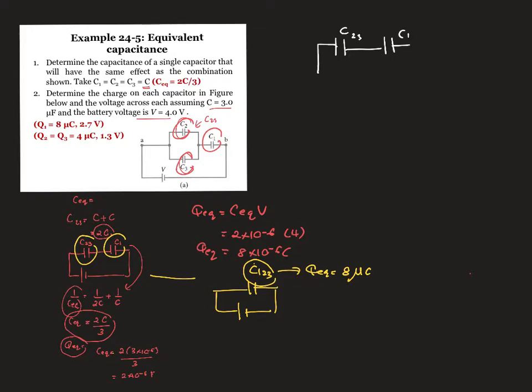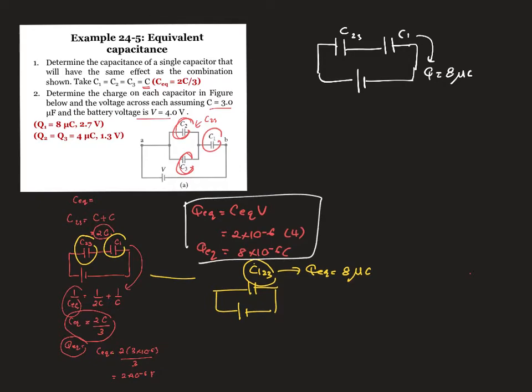Like I mentioned before, you need to find the same physical quantity. C23 and C1 have the same Q, and that Q is 8 microcoulomb, because you found it already. That's basically the trick for solving this kind of question. Both have the same Q, therefore you are going to find the V for this one.